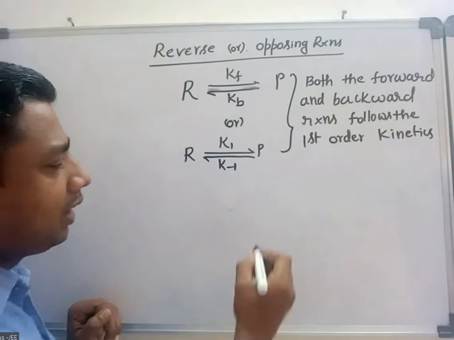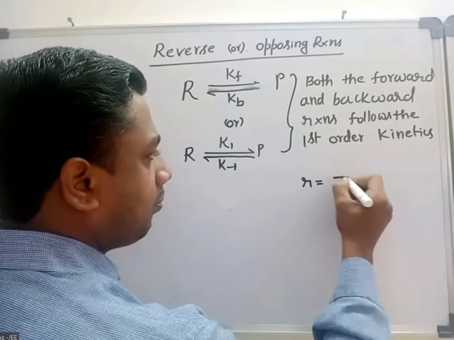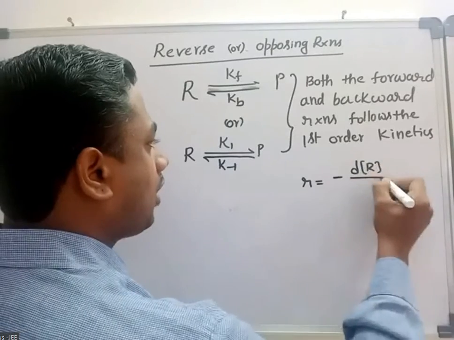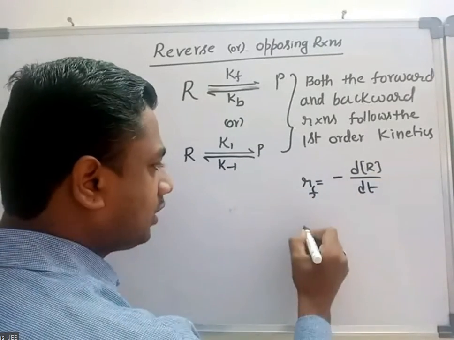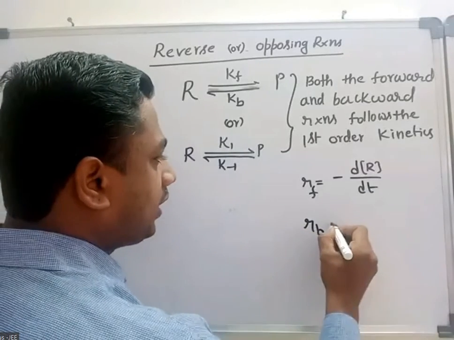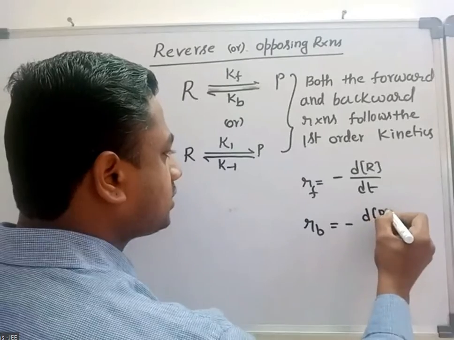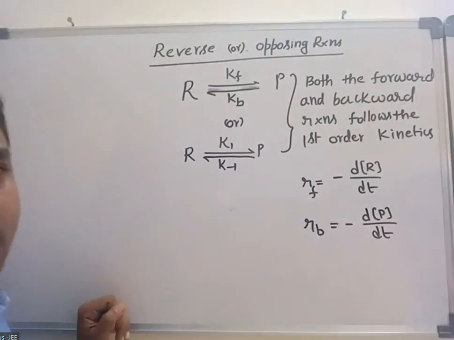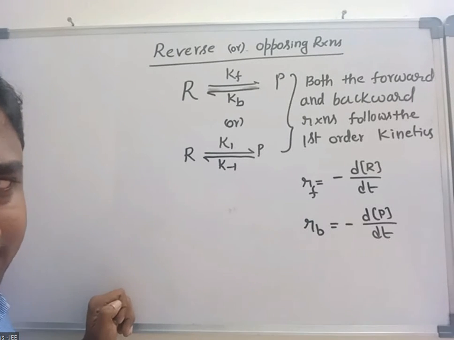Rate is equal to minus d of R by dt for the forward reaction, and the rate of the backward reaction is equal to minus d of P by dt. Rate indicates the change in the concentration of reactants.